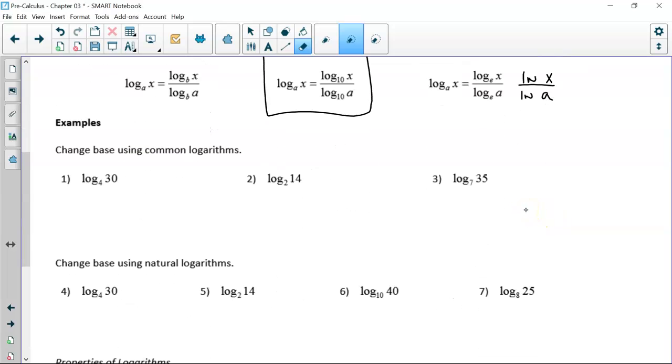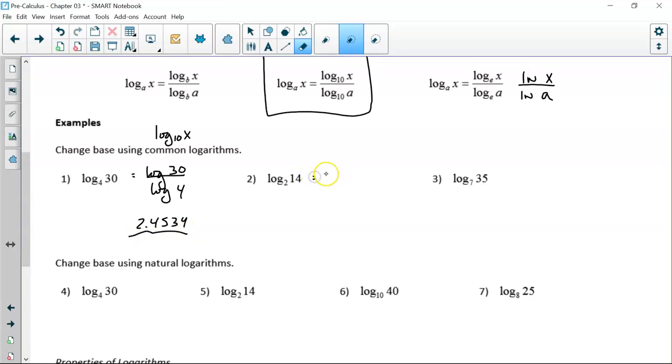So we can rewrite this using the change of base using our common log. Common log is log base 10. So it would be written as the log of 30 over the log of 4. And the log of 30 divided by the log of 4 is about 2.4534.